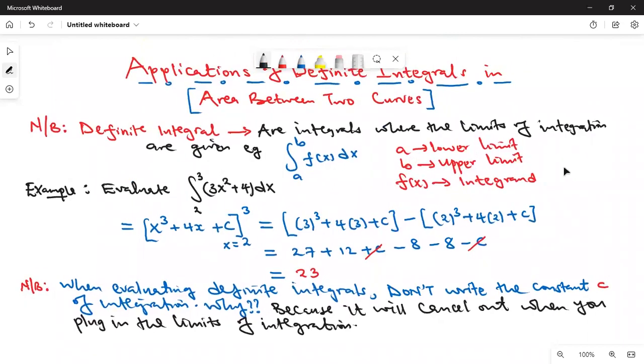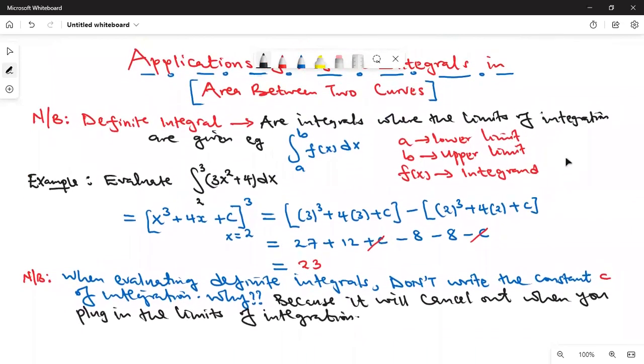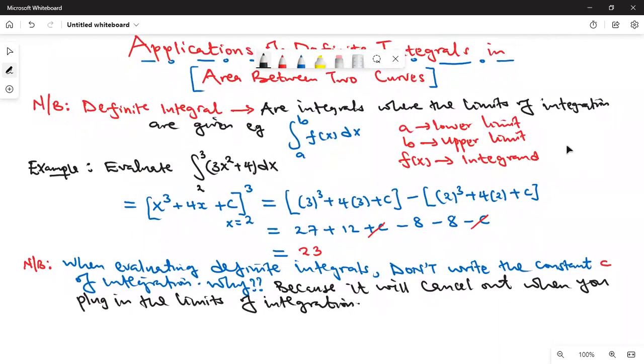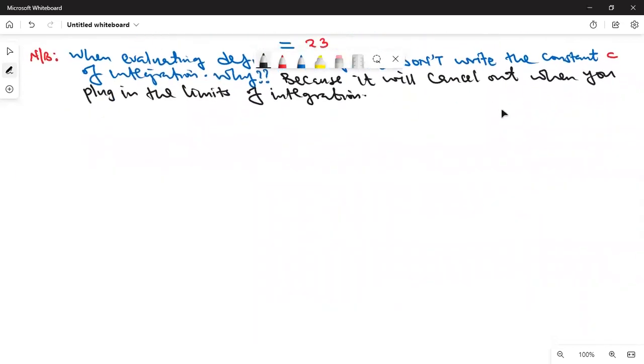Now, back to the application of these definite integrals in the area, we are going to look at two cases. The first case will be area between the x-axis and the curve, and another one will be the area between two curves. So let's start by looking at area between x-axis and the curve.